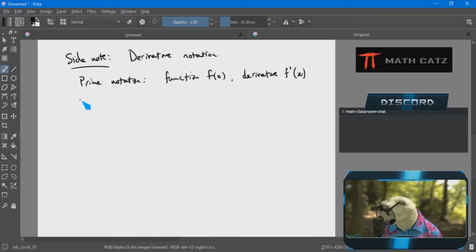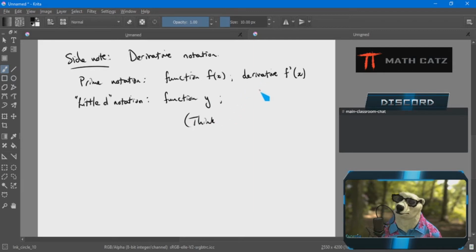We also have what I'll call, I don't know if it's official, it's not official, I'll call it little d notation. Because the derivative is the slope of the function, usually we call the function y in this case, but it can be anything.